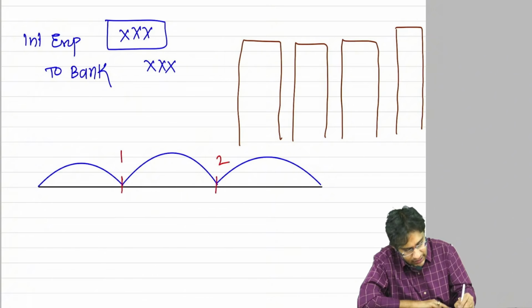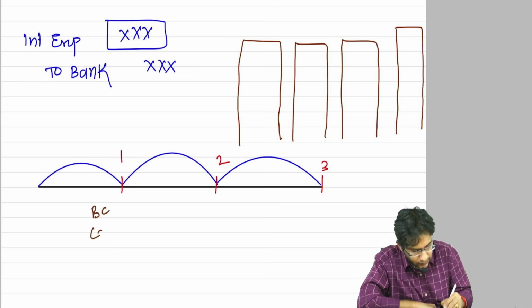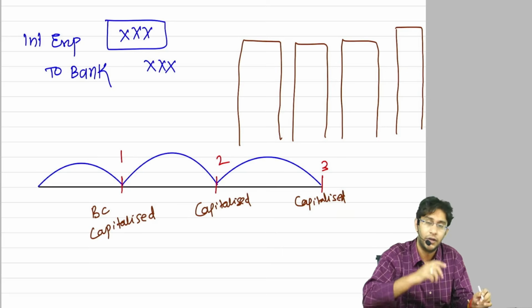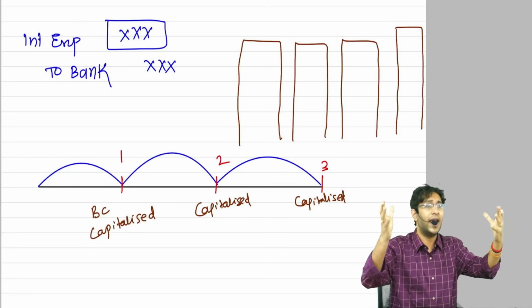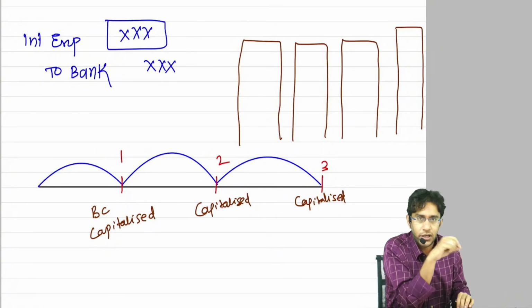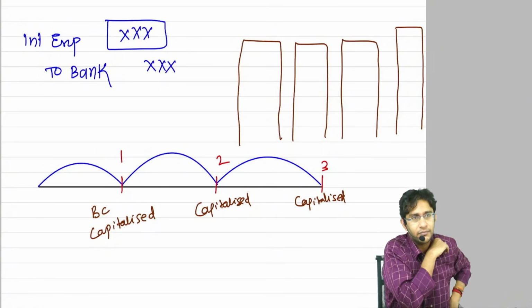First year, second year, third year, whatever borrowing cost you incurred, you capitalized. Here also capitalized, here also capitalized. By the end of the third year, sir, all the buildings are almost complete. What this fellow is doing: in each apartment, one door he is not fixing.